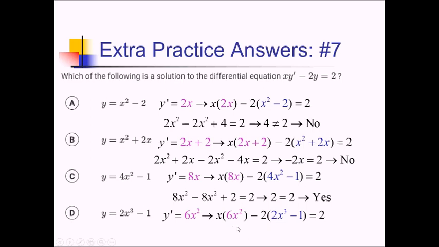So we've got 6x cubed, and this is going to be minus 4x cubed plus 2 equals 2. So we end up with 2x cubed plus 2 equals 2. And since this is not going to be true for all x values, I mean, it's true for 0, but that's about it. This is not going to be true enough to solve that differential equation, so that's a no. So then choice C, after all, is our answer.